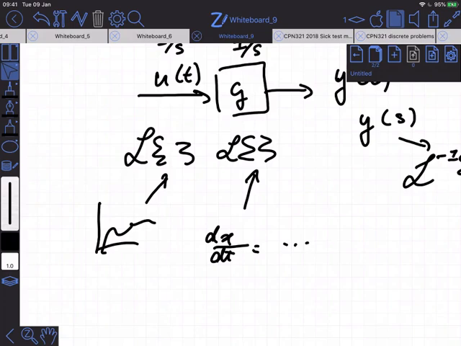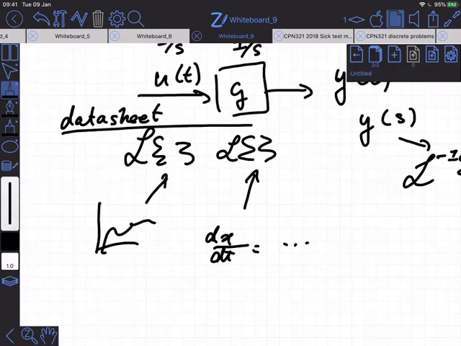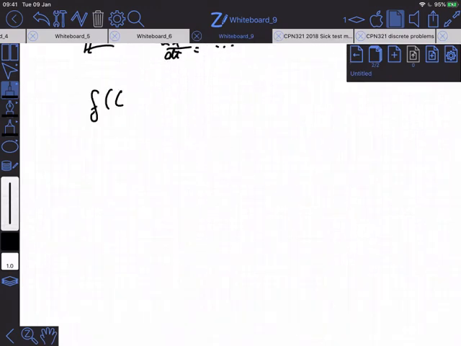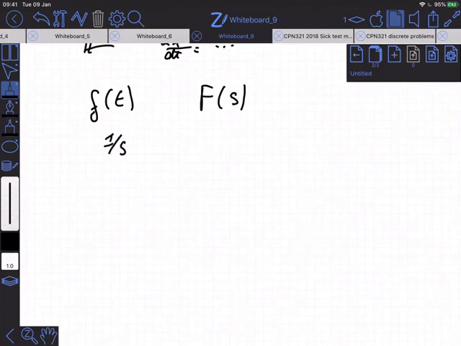Remember, if we looked in the table, the data sheet, we had f of t and we had F of s, and f of t could look like this, and F of s could look like this. And if I gave you the one, you would always know how to get the other, which is to go backwards in the table.